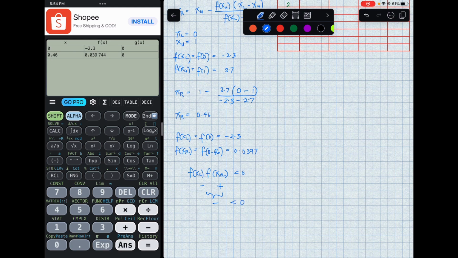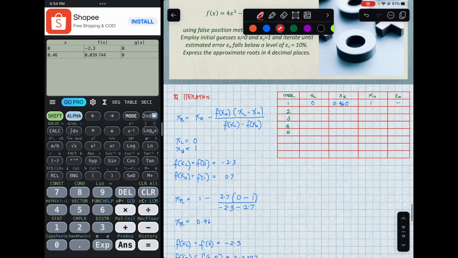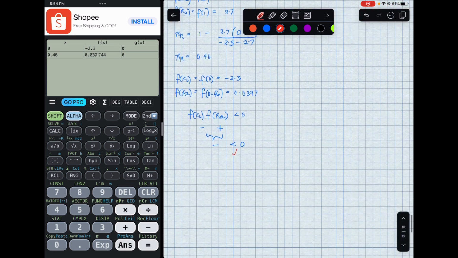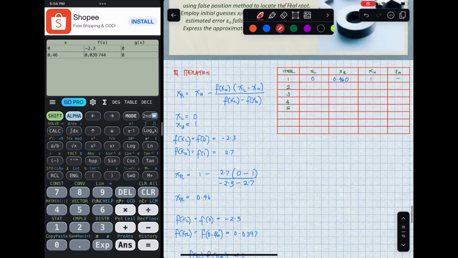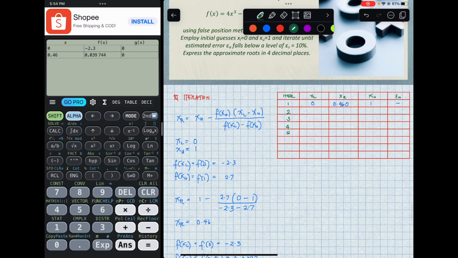Negative is less than 0. So therefore, the root lies at the lower portion, or the lower interval. So it is under 0.4600. Okay, so that is for the first iteration.